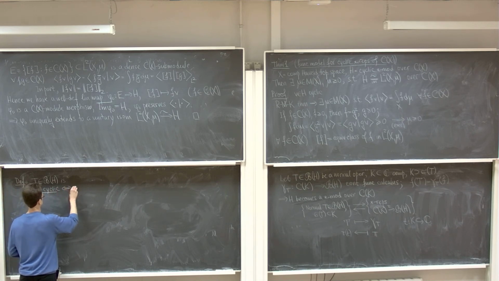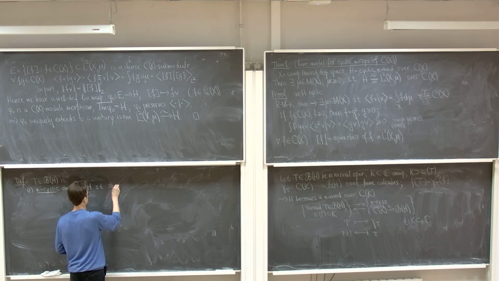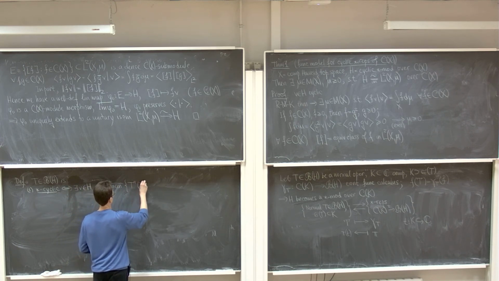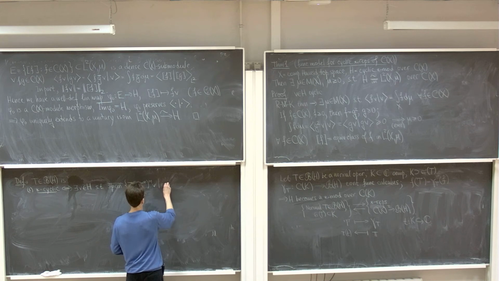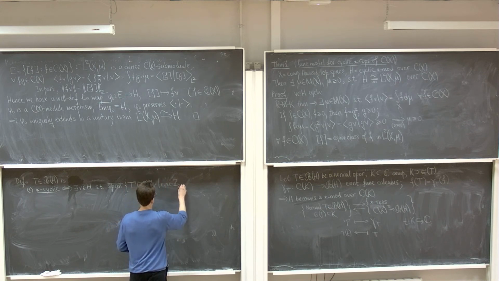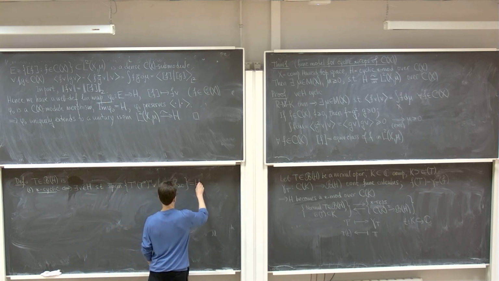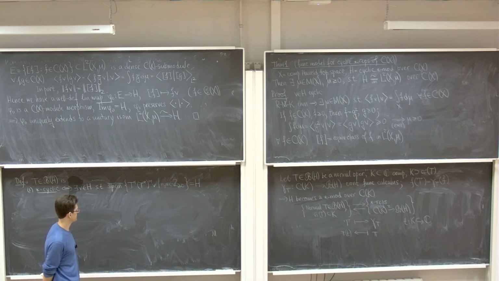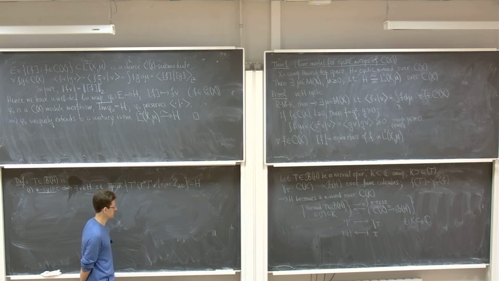if there exists a vector v in H such that the following vector subspace, namely the closure of the linear span of all elements of the following form, where n and m are non-negative integers, so the closure of this subspace equals H. By the way, observe that this subspace is nothing but the smallest closed subspace which is invariant with respect to both T and T star, provided that T is normal.